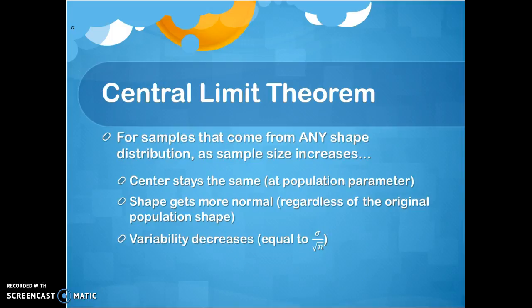But the shape of the sampling distribution looks more normal. It looks like it follows that nice, easy bell curve, which makes sense because when you have a higher sample size, you have more information about your population. So it's going to give us something that follows this normal distribution, which is a fact of just nature in the universe. Separate discussion. And also, hopefully this makes sense too, our error or our variability decreases.